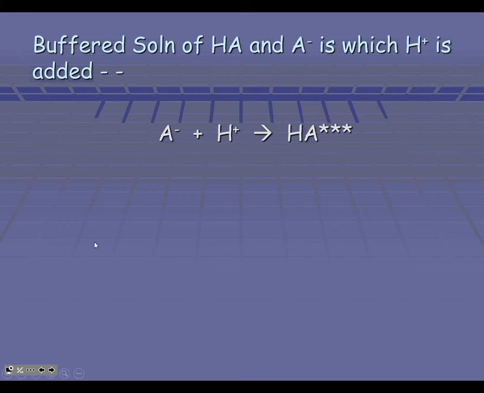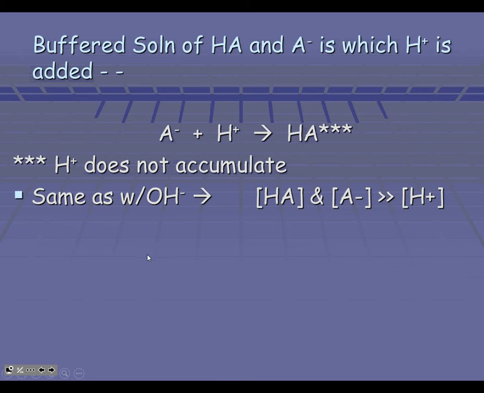Notice here we've got both of our buffer components present. We've got our A minus present. We've got our HA present. The hydrogens can't accumulate. Instead of accumulating these hydrogen ions, we accumulate the weak acid as the component instead. Same thing as what happened with our OH.